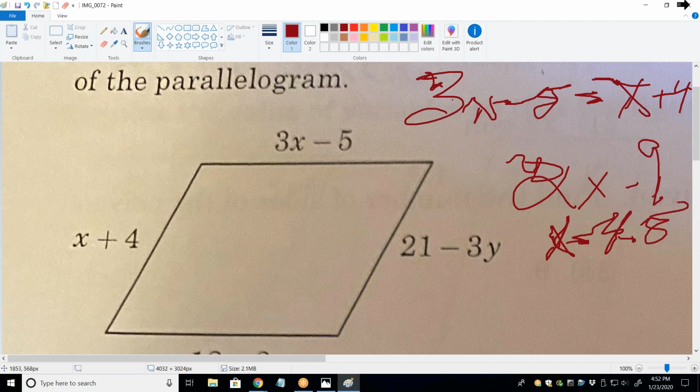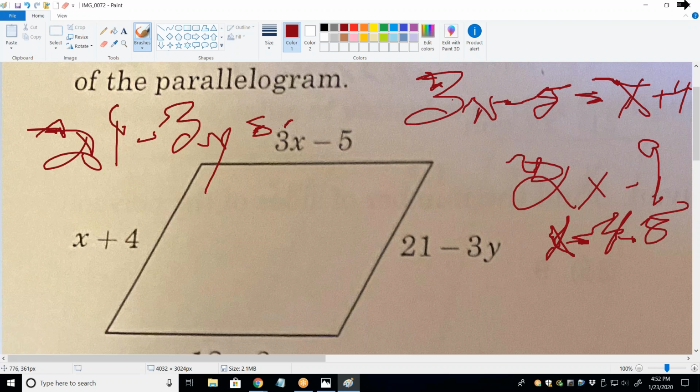Now, solve for y. Then you get 21 minus 3y equals 18 minus 2y. Where are you getting 18 from? 21 minus 3y equals x plus 4, right? Oh, yeah. What's x?